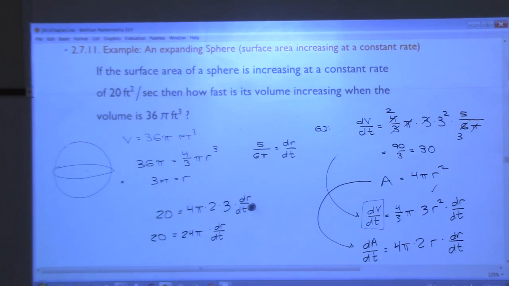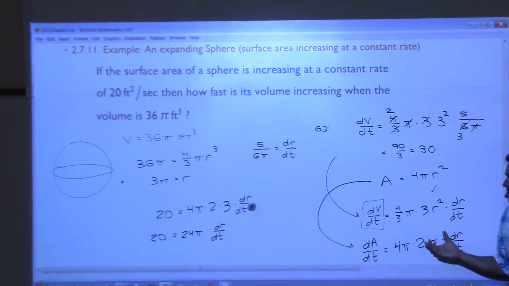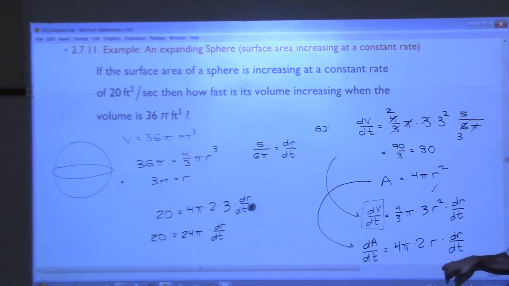Any preference there? What do y'all think? Do y'all care? That one was kind of easier. But you have to understand what you're doing when you're setting this up. You have to realize you're going to use the two equations. One of them has a piece that you don't know anything about, but the other equation you're able to solve for that missing piece.